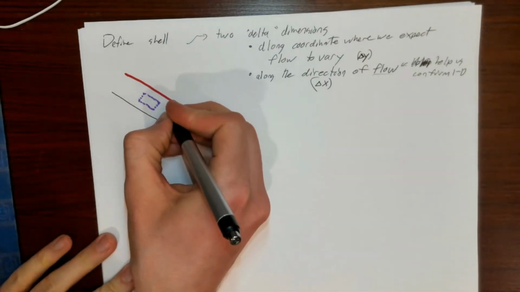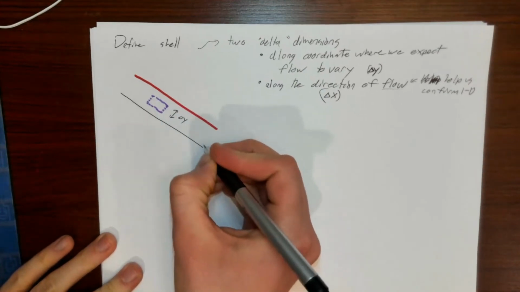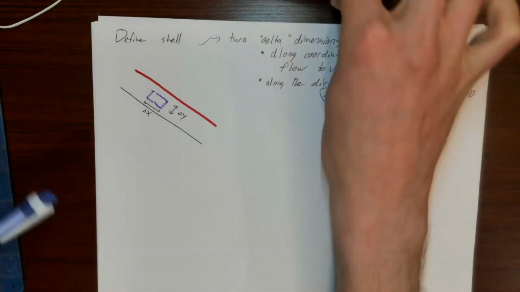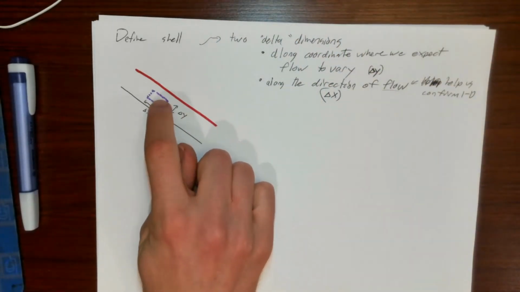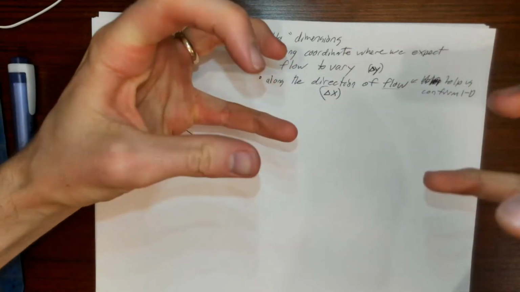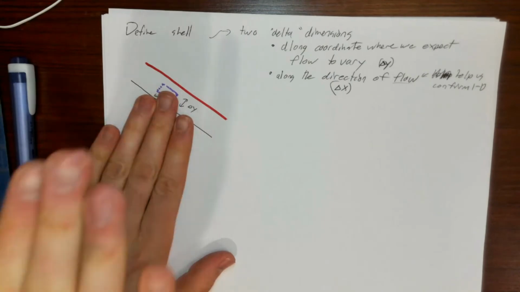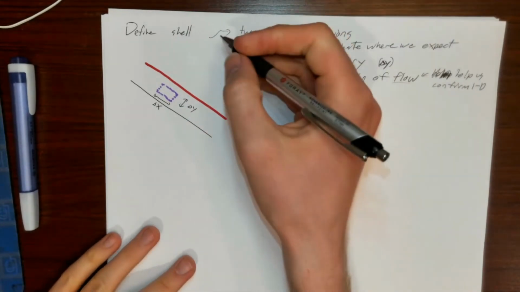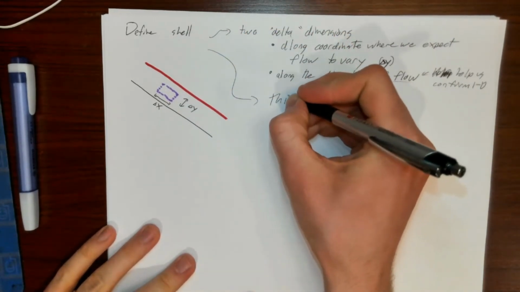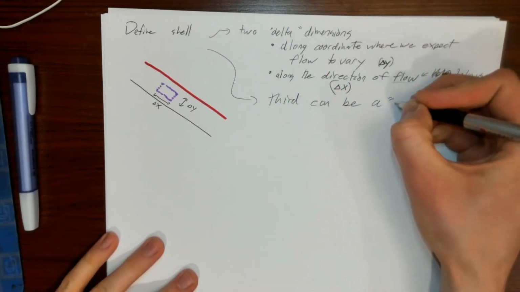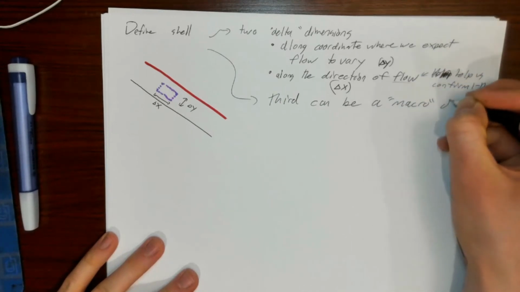It has a height delta y and a length delta x. But of course, a control volume isn't just a rectangle like this. There's some 3D-ness, right? A control volume is an actual whole volume, so there's this dimension out of the page, and generally, you only really need two delta dimensions. Your third can be a macro dimension.